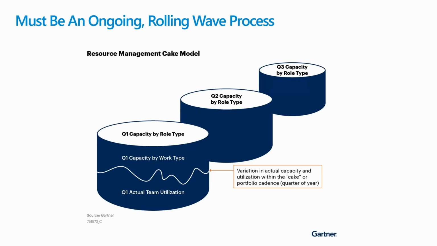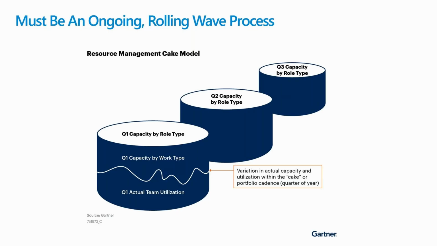It has to be an ongoing rolling wave process, meaning you start with higher level estimates initially. For example, on the longer range things, I might know what roles I need, but on the near term things, I might need more specificity as to what names or what specific people performing those roles are going to be on those things, and what those allocations are quantified to, how much of their effort is needed.